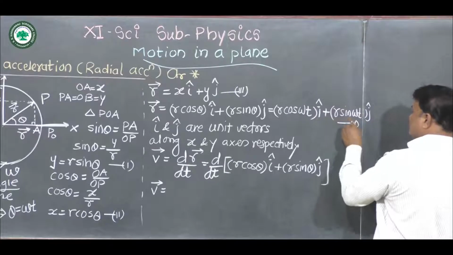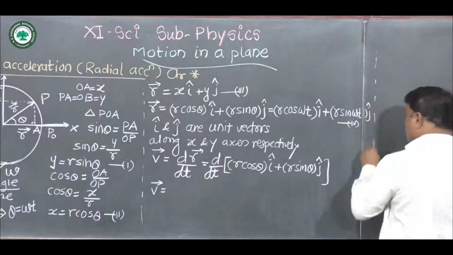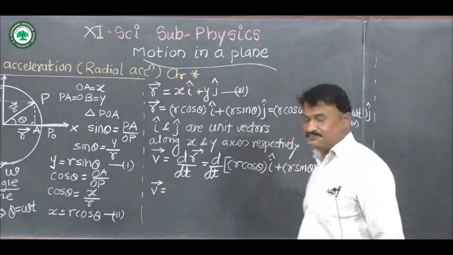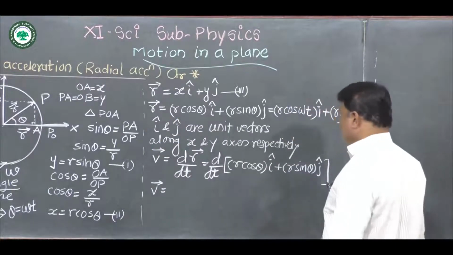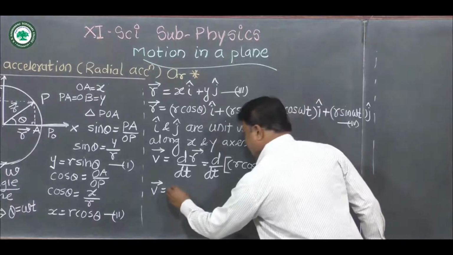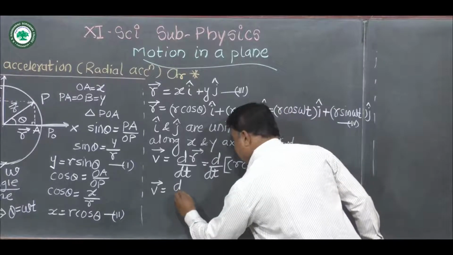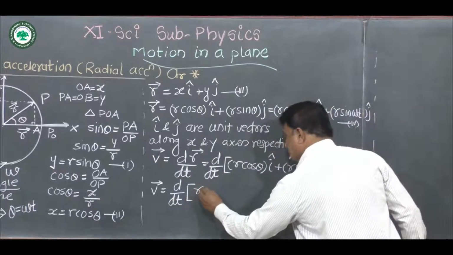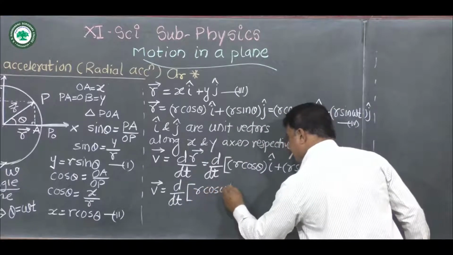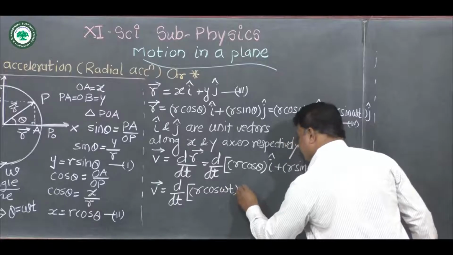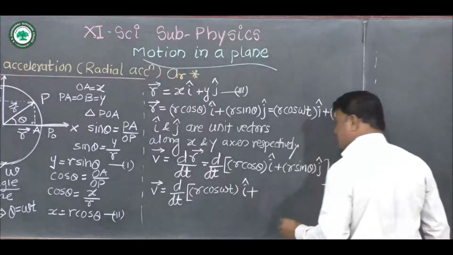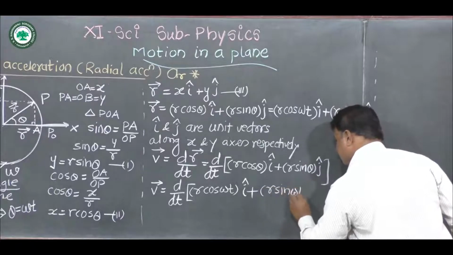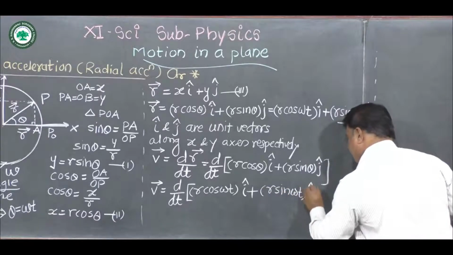This is equation 4, and this equation 4 gives us vector r. Now by substituting this, we get vector v is equal to d by dt of r cos omega t into i cap plus r sin omega t into j cap.